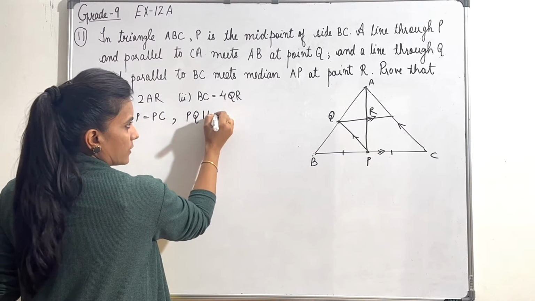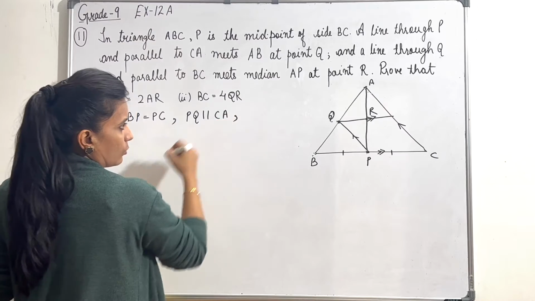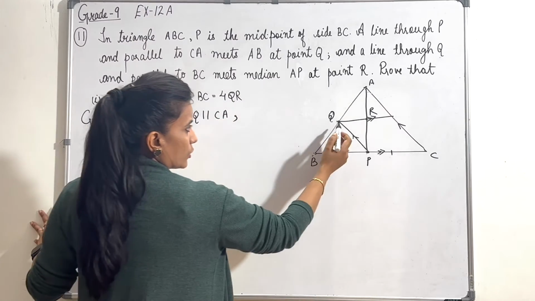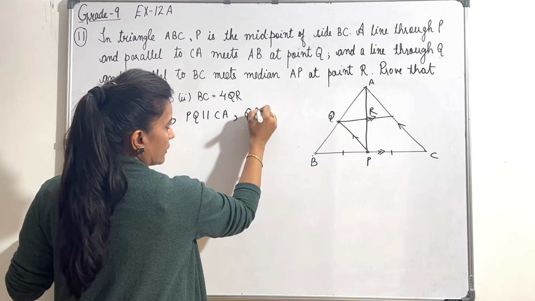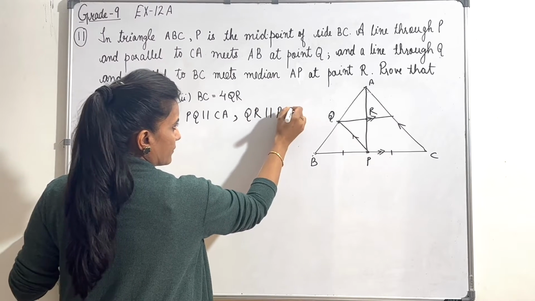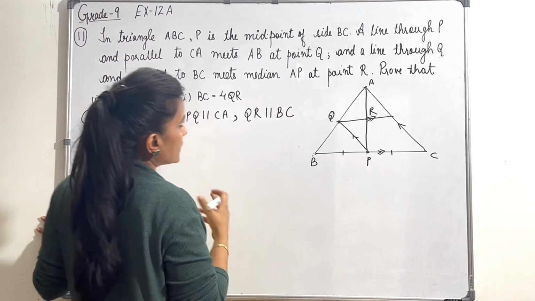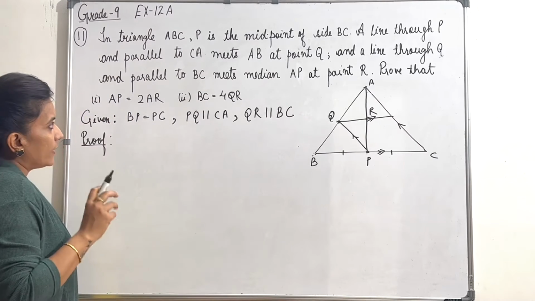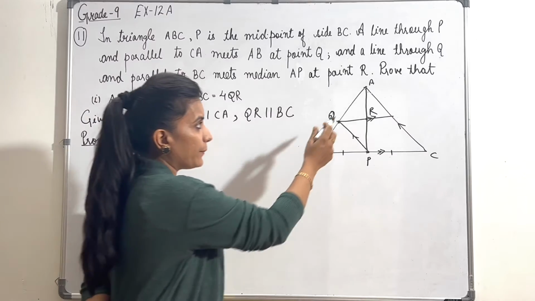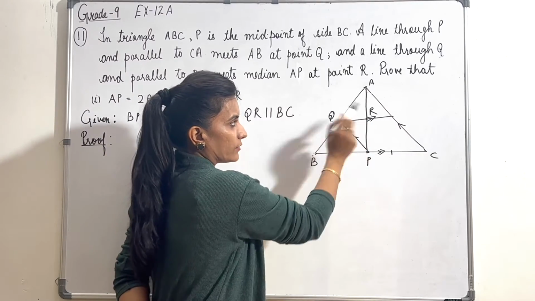What else is given? QR is parallel to BC. That's all, right? Only these three things are given in the question. Now let's prove how AP is double of AR.